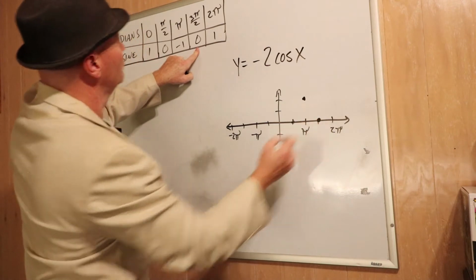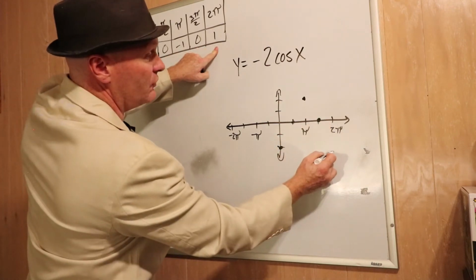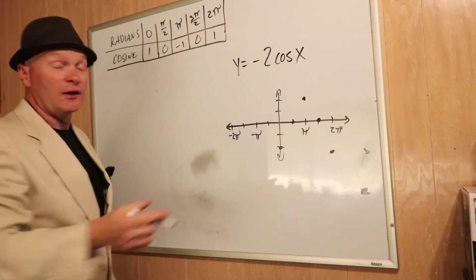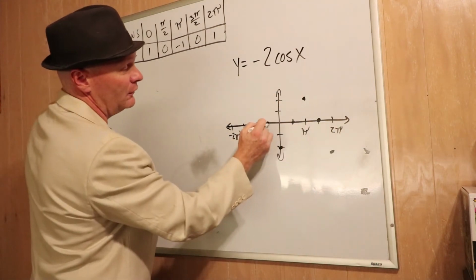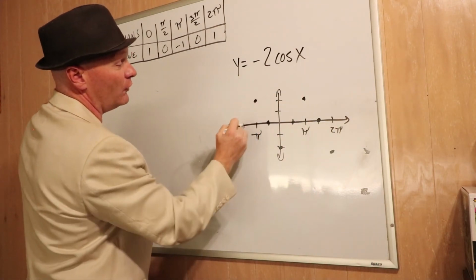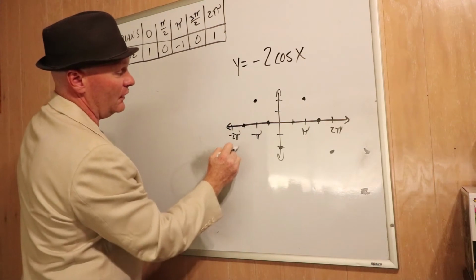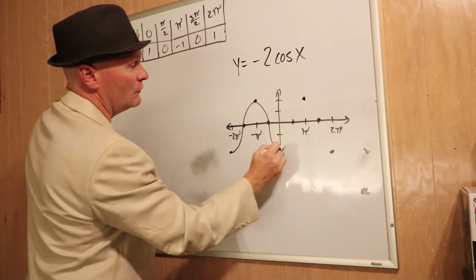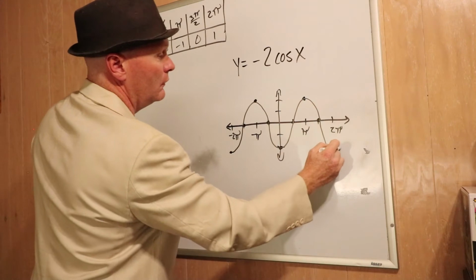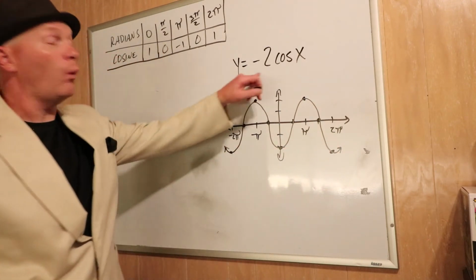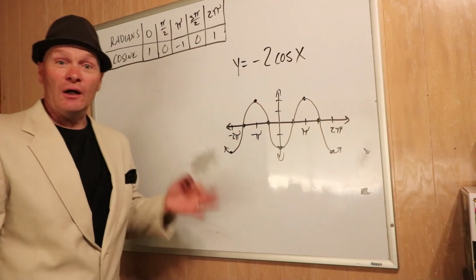Back to 0, and then back down to negative 2. And just like with sine, once you get those first 5, you can usually just follow the pattern to get the others. So there is our graph of y equals negative 2 times the cosine of x.